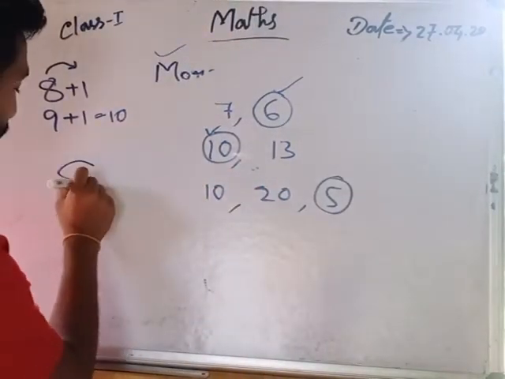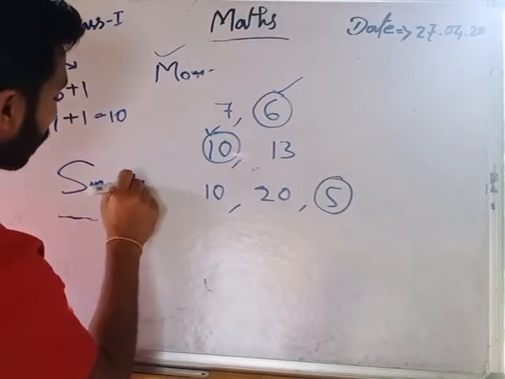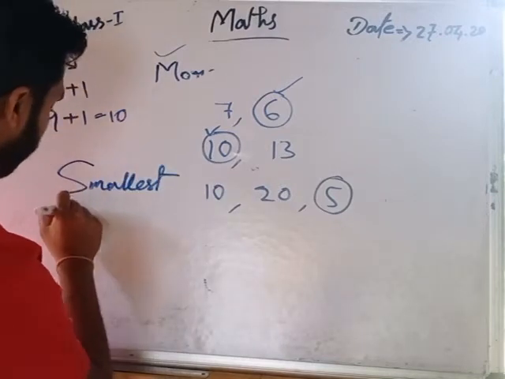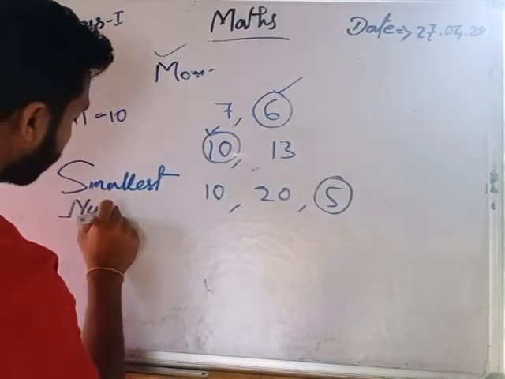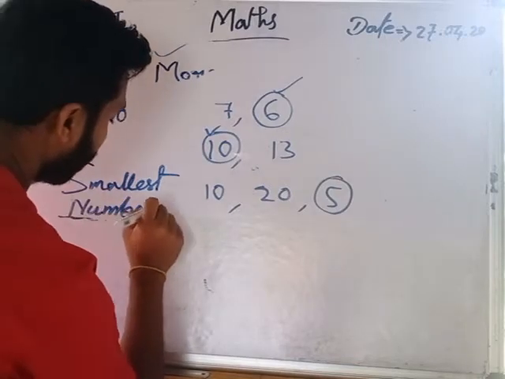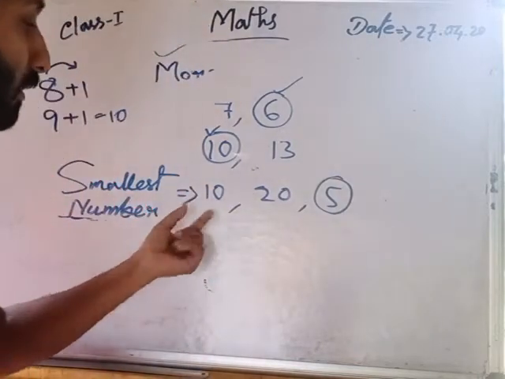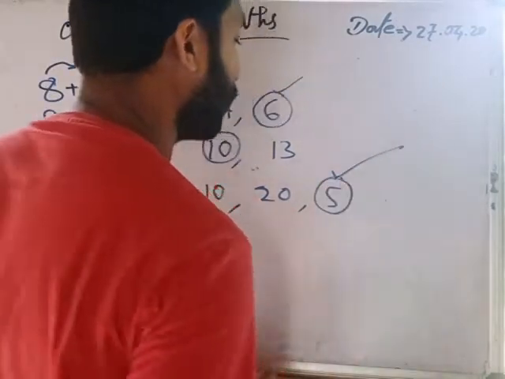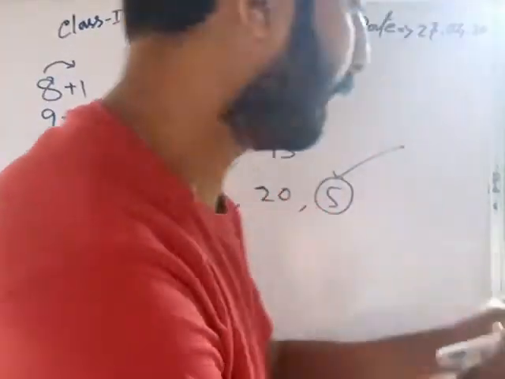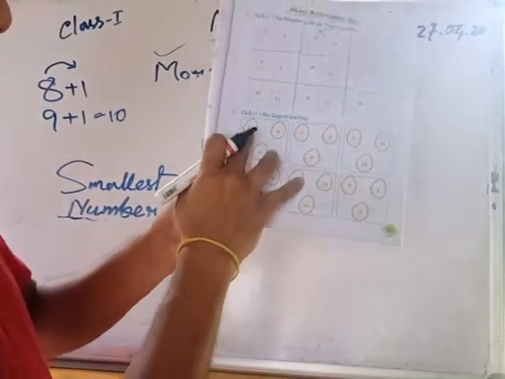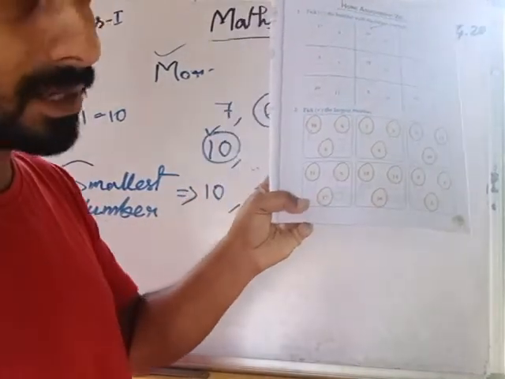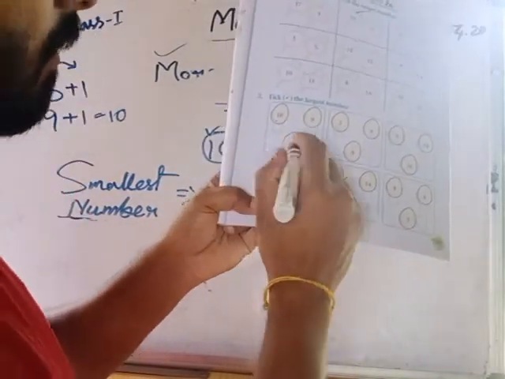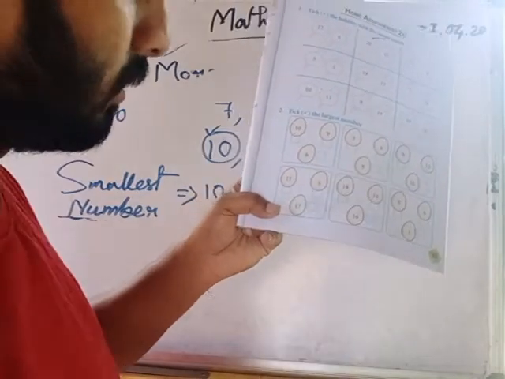This one is called the smallest number. From the 3 numbers, this is the smallest number. That's why you should take it like this. Which one? 10, 9, 6. Which one is the smallest? 6 is the smallest number. That means you should take it here.